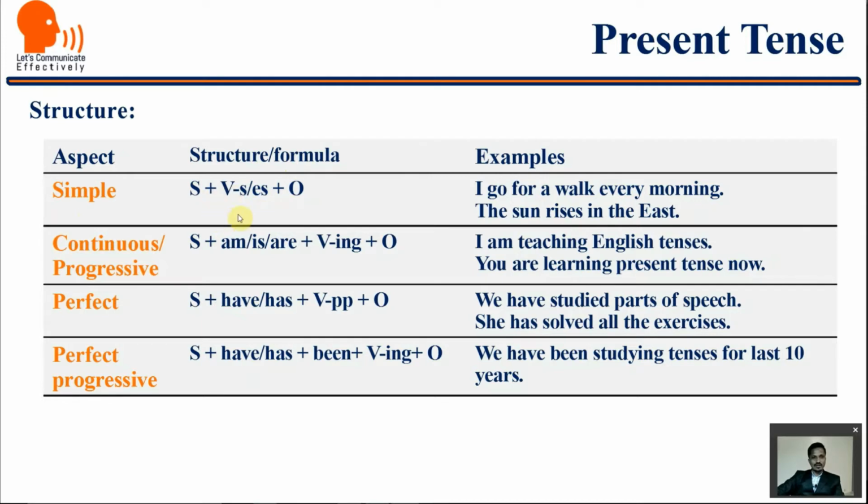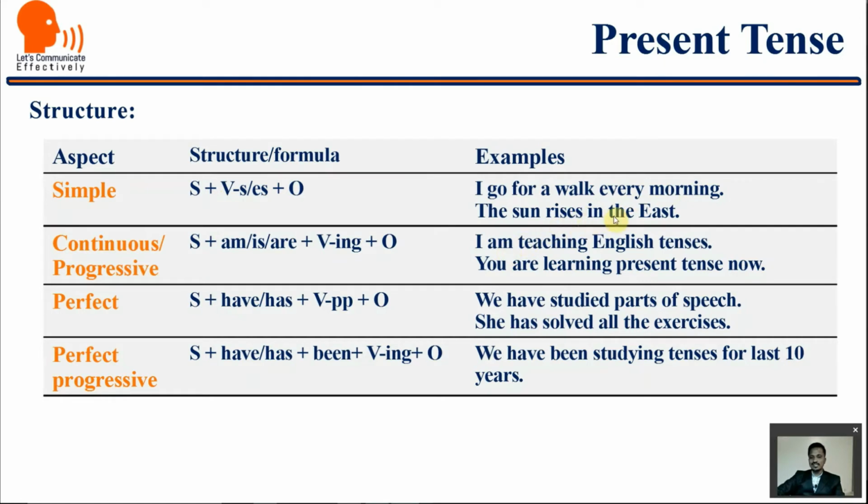I have not taken the examples or the structures with all pronouns here. I'll explain. Right. So here in simple present tense, the structure is like I go, we go, you go, he, she, it goes, and they go. Right. So the example: I go for a walk every morning.